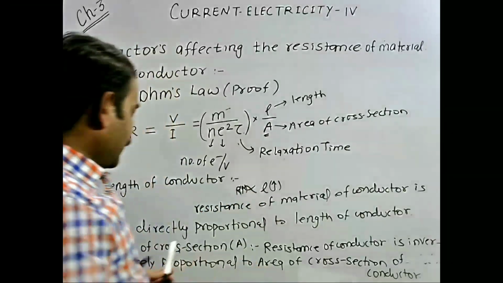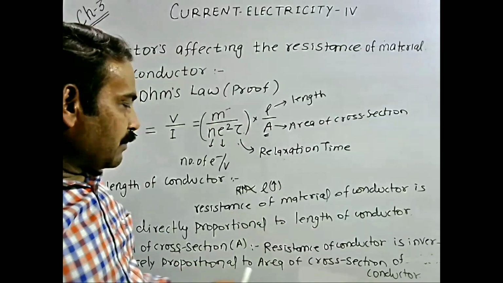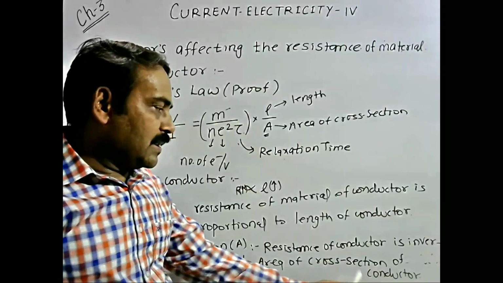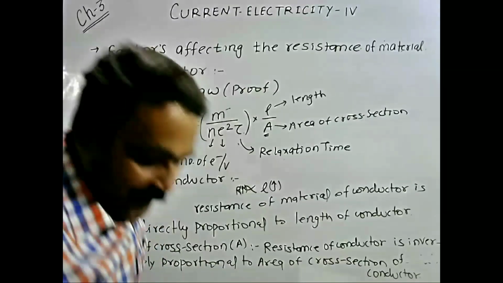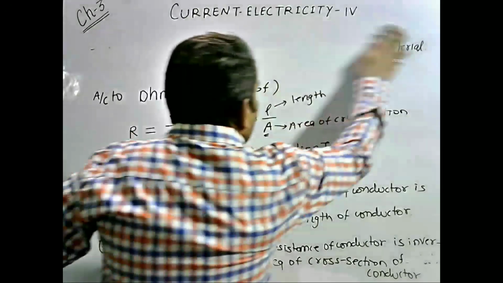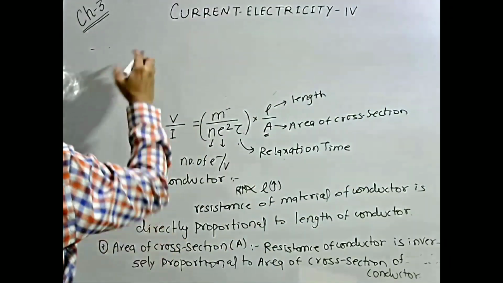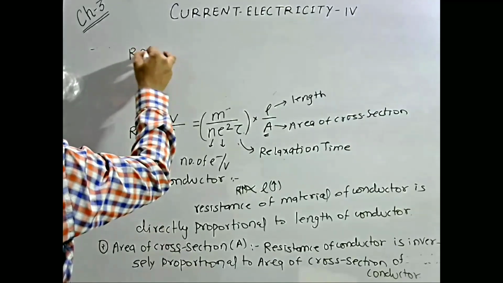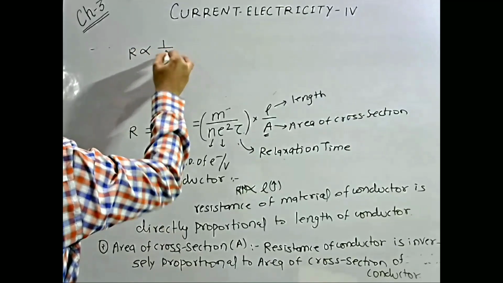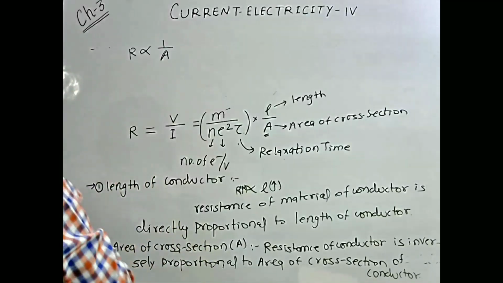So the resistance of material of conductor is inversely proportional to area of cross section of conductor. That means R is inversely proportional to A, where A is the area of cross section of material of conductor.